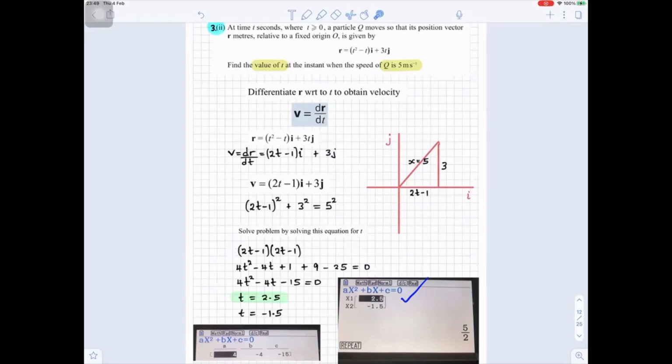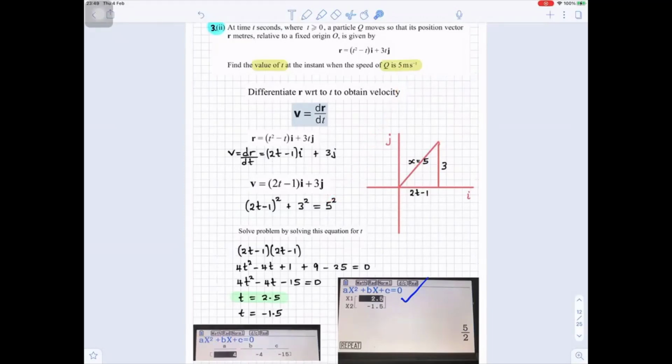Now, if you look at this triangle on the right hand side, the 2t minus 1 i could represent this side of the triangle, and the 3 could represent the vertical side for the j. So using Pythagoras, (2t minus 1) squared plus 3 squared is equal to 5 squared, which is the speed of Q, the magnitude.